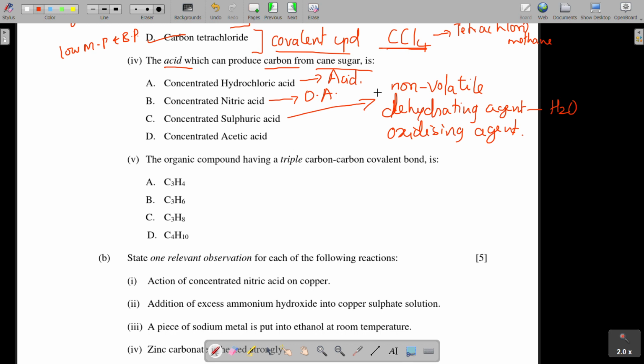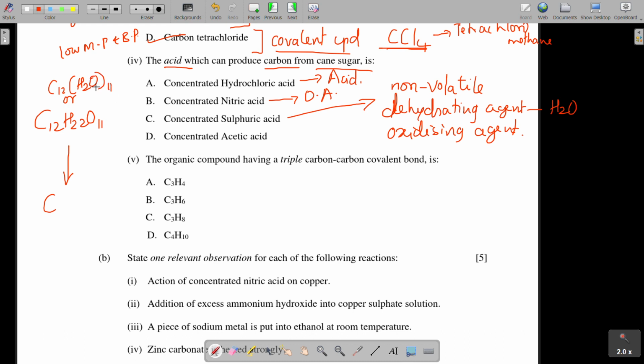Okay, so cane sugar is nothing but sugar only, C12H22O11. From this you have to get only carbon. How? I can also write this C12H22O11 like this for our understanding.